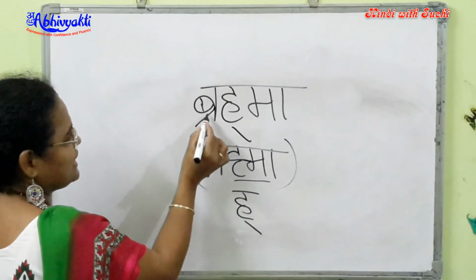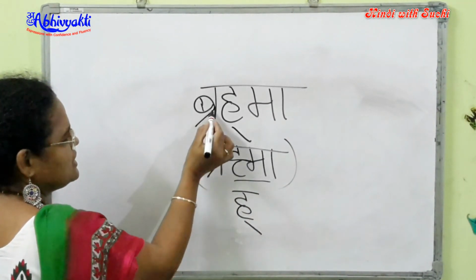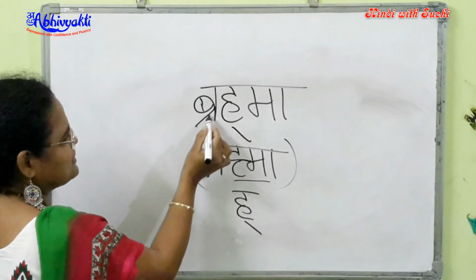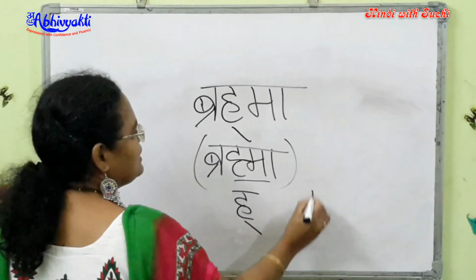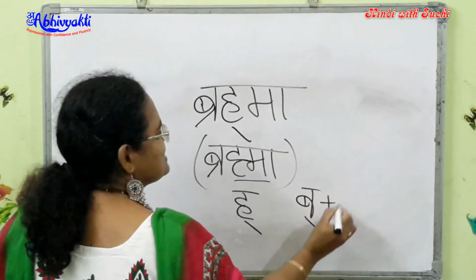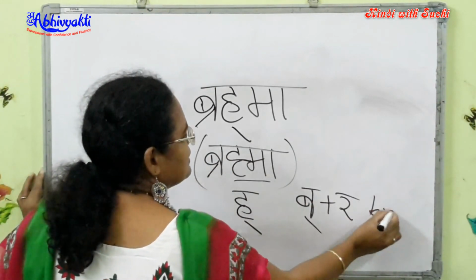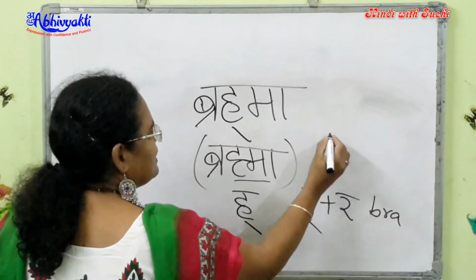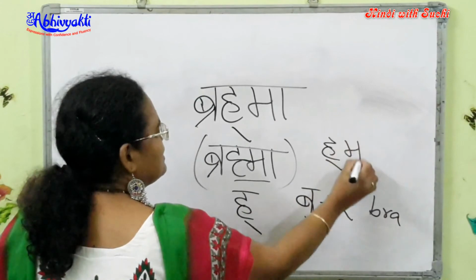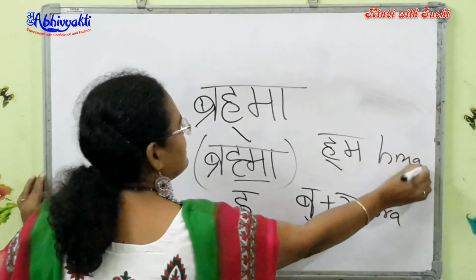So again I have the r here. So this line should be pronounced, r should be pronounced after the b. So this is b plus r. So br. This is br and h and ma. So hma.